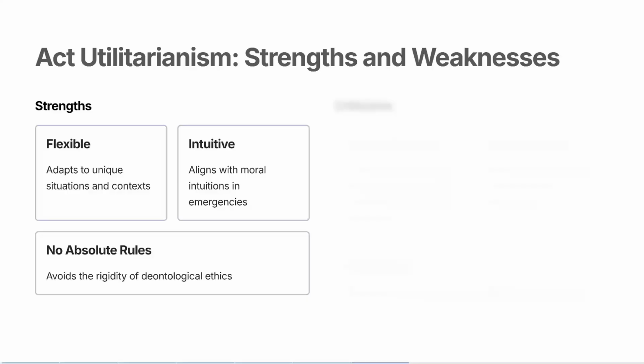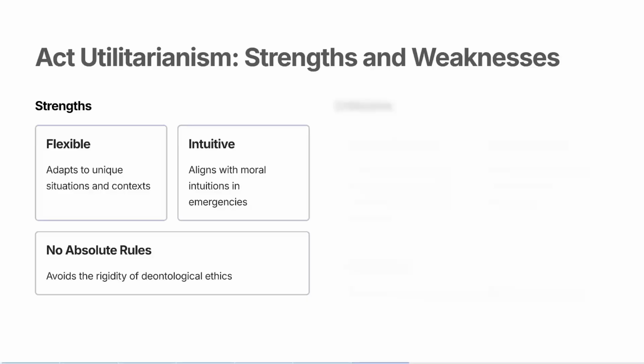If a strict rule is applied against lying, and that could cause serious harm, act utilitarianism will allow you to reconsider the consequences. That flexibility makes it attractive to philosophers who believe morality should respond to the complexities of real human situations.